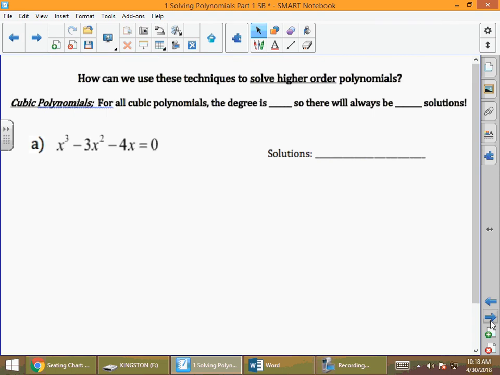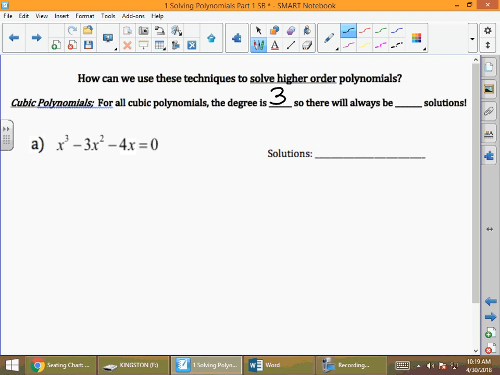So now, how can we use these techniques to solve higher order polynomials? And today what we'll finish with is solving cubic polynomials. And if you think about what cubic means, the degree is 3.